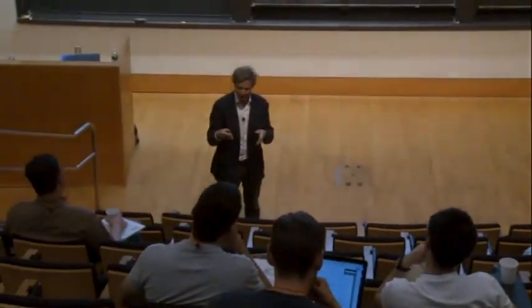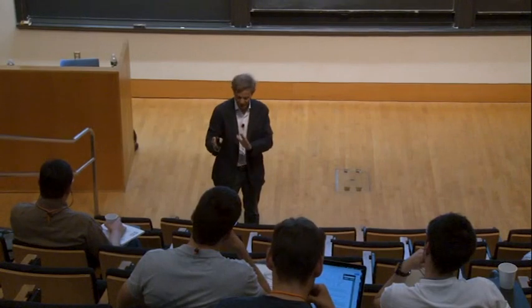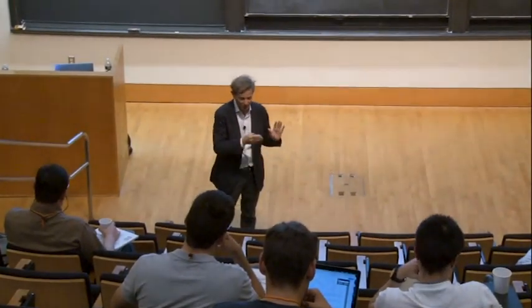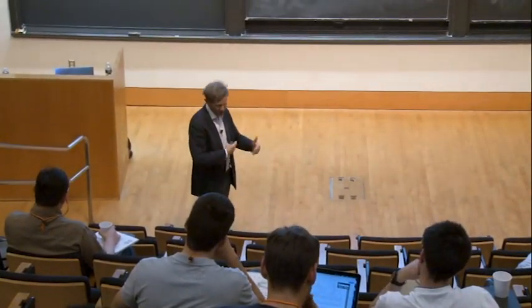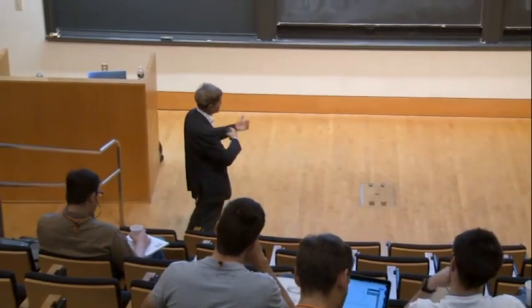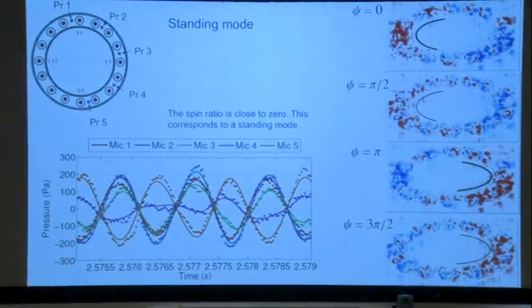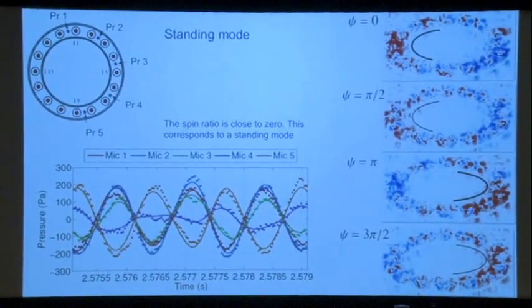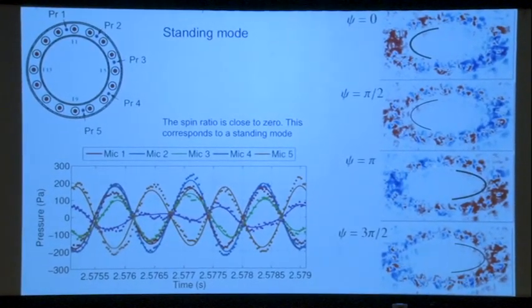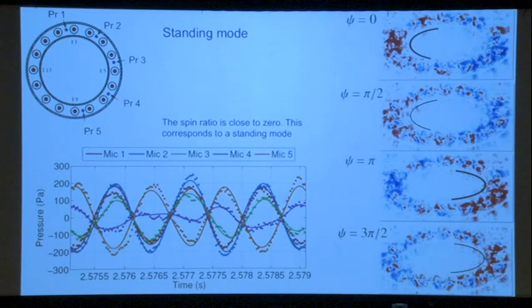We've been able later on to get purely standing, purely spinning, but at the beginning we got something which was continuously shifting from standing to spinning. So if it's standing, you have red around here, blue around there, then this is neutral, and then you have blue here, red here. So this is positive heat release, negative heat release rate, and then we have essentially neutral.